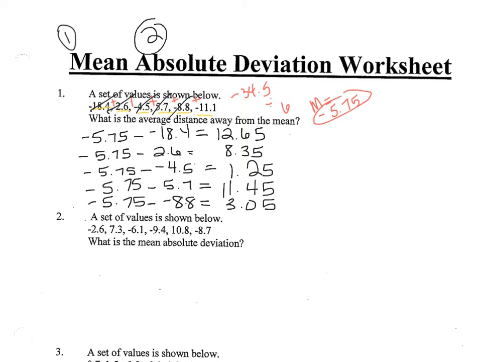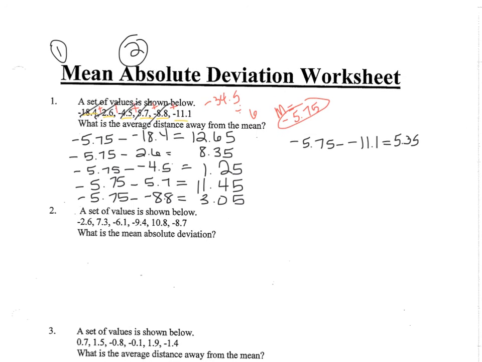I'm going to have to scooch over to this other side. Negative 5.75 minus negative 11.1, and I get 5.35. That was step 2, and I'm done with it.